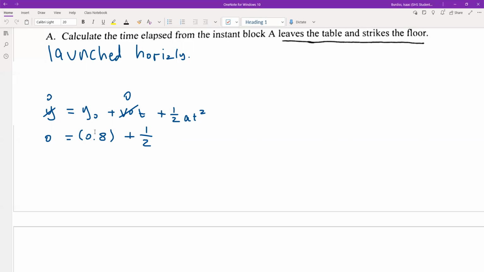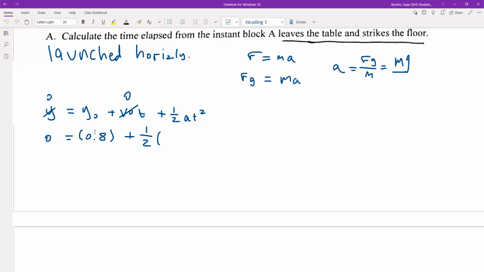What's acceleration? Well, whenever it's falling down, the only acceleration is gravity. How do we know this? Well, Newton's equations. The only force is force of gravity when it's falling, assuming no air resistance. So how do you find a? a would end up being force of gravity divided by mass, and we know that force of gravity equals m times g.